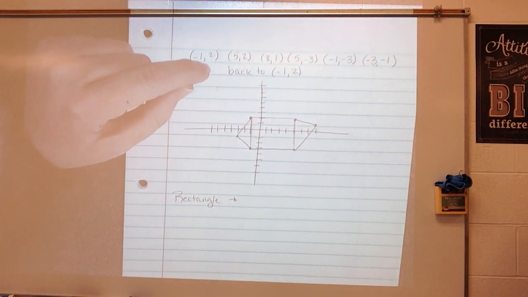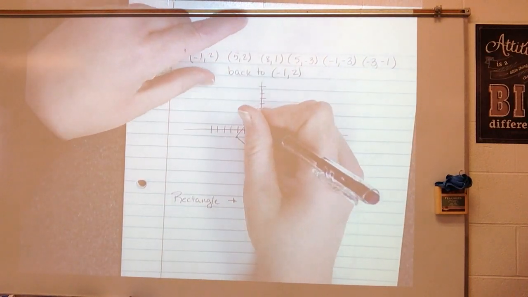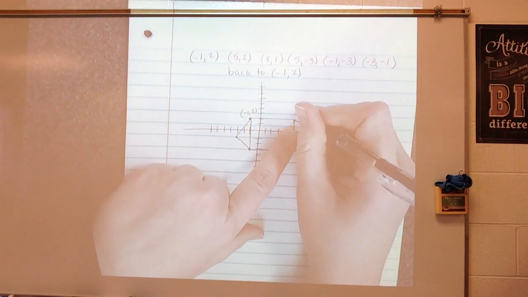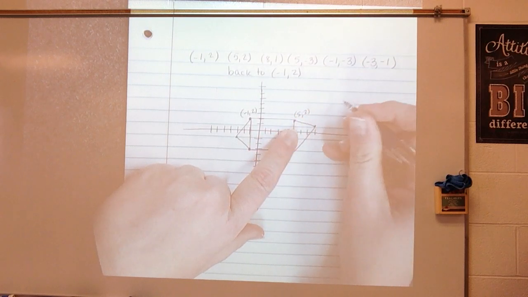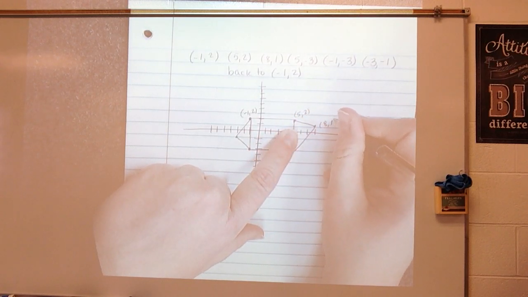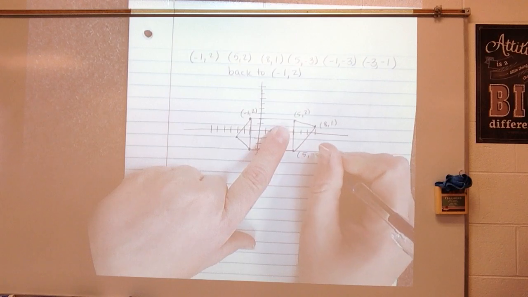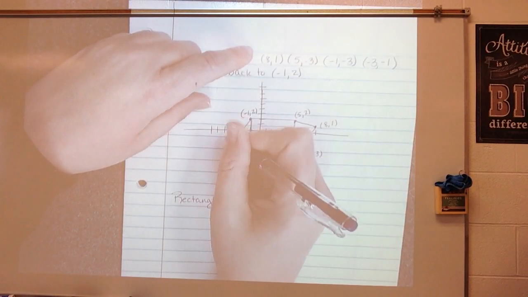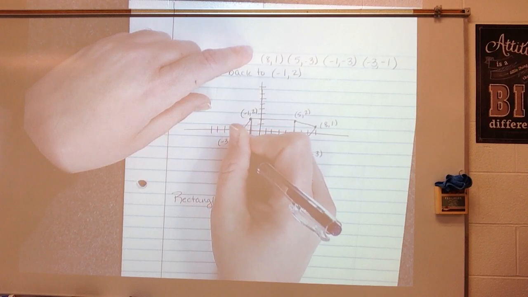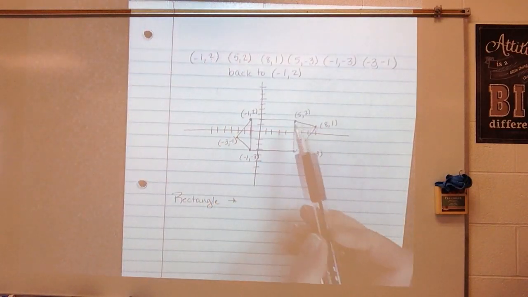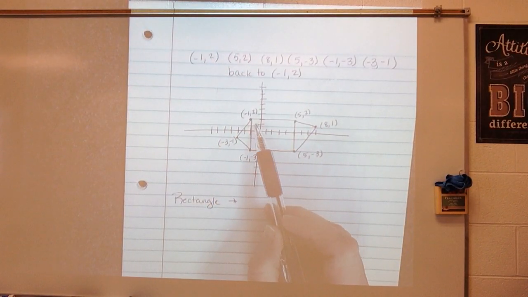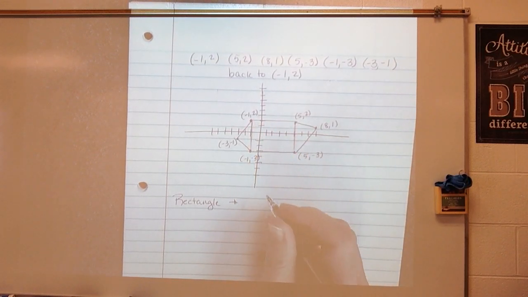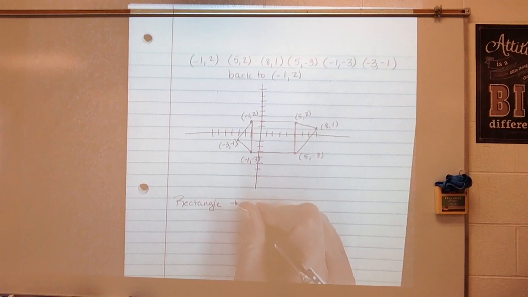Probably what I should have done is labeled my points, because that would have helped me when it comes time to figure this out, instead of having to go back and look. So I look at this and see, okay, I go from -1 to 5, so the length of my rectangle is 6.